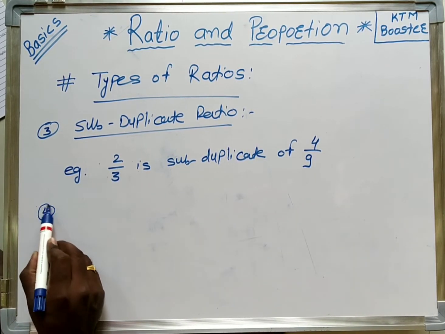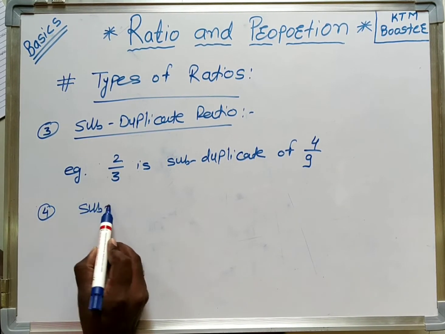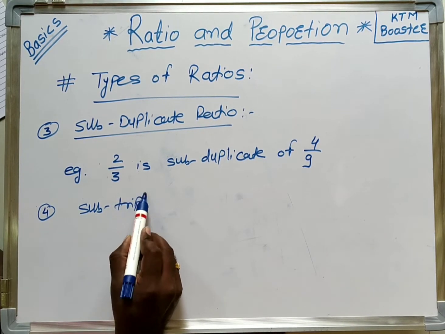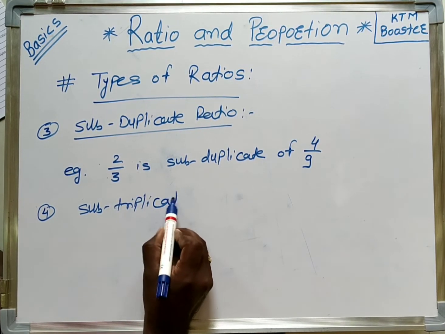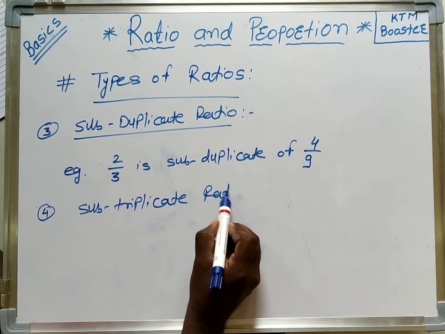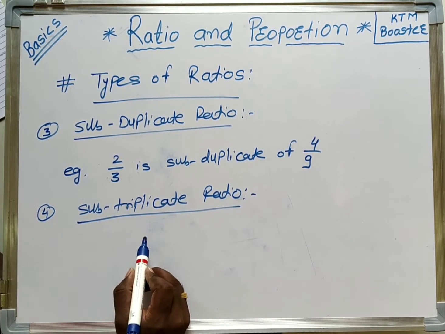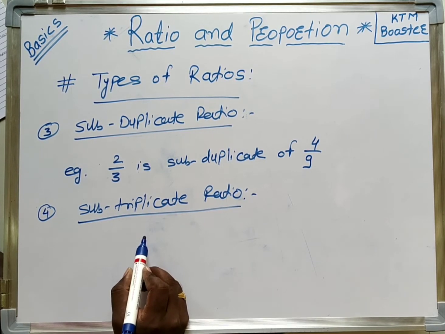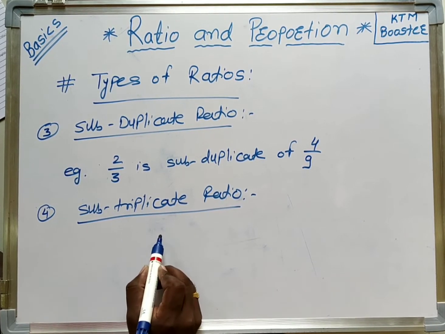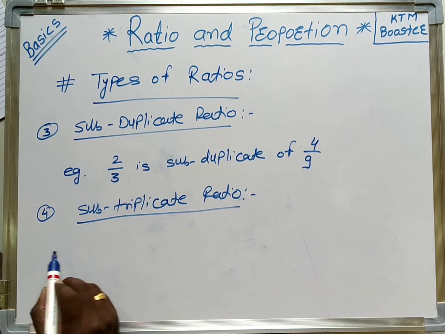In a similar way, we have the subtriplicate ratio. What is the subtriplicate ratio? The ratio of the cube roots of two numbers is called the subtriplicate ratio.